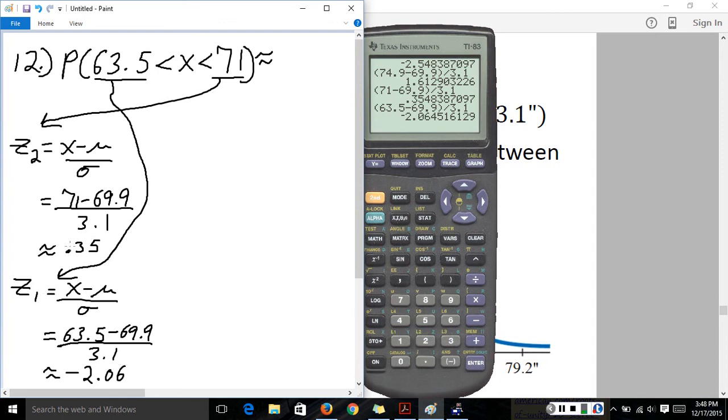All right, those numbers are not my answers, but they'll help me get there. The next thing I'm going to do is go to my z-score table, because the probability of x being between 63.5 and 71 is about the same, because of the round-off error, as the probability of z being between negative 2.06 and 0.35.